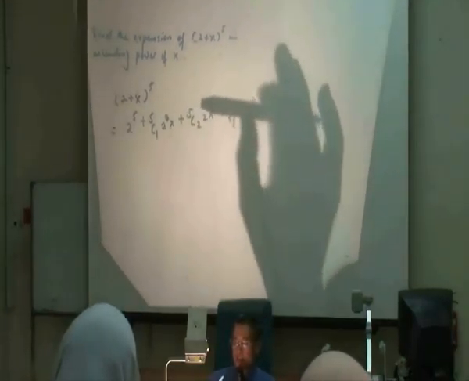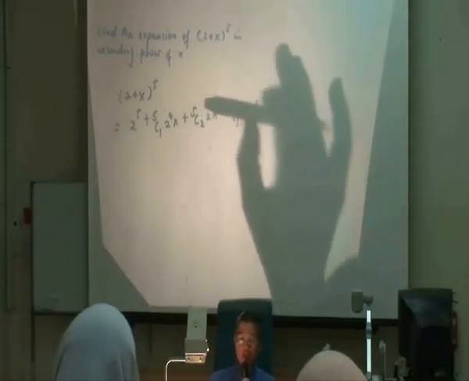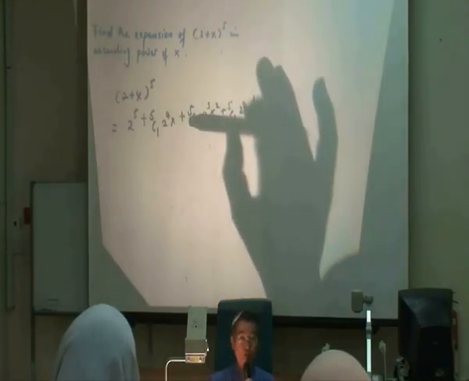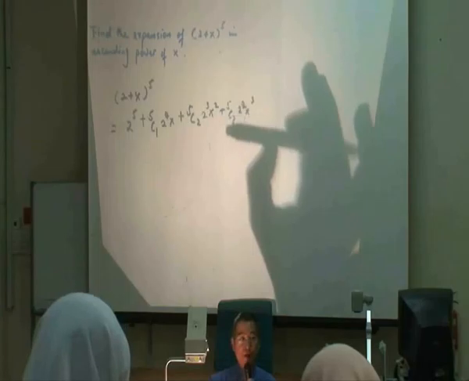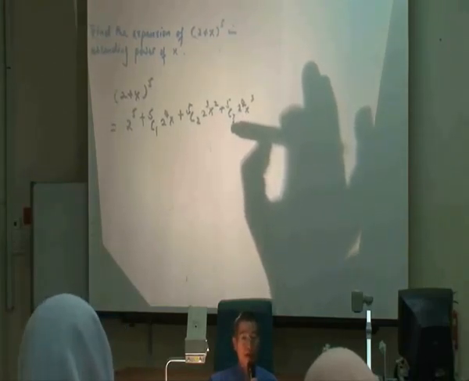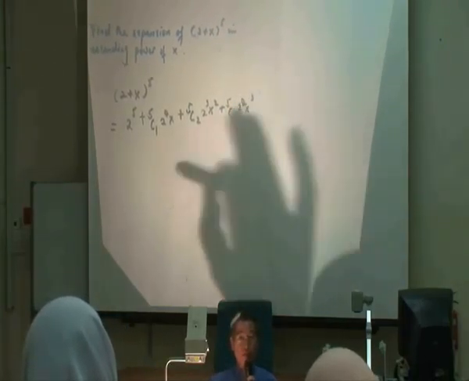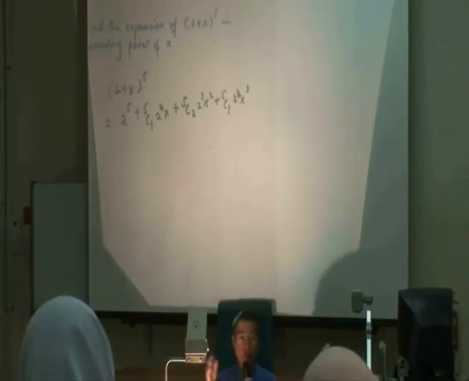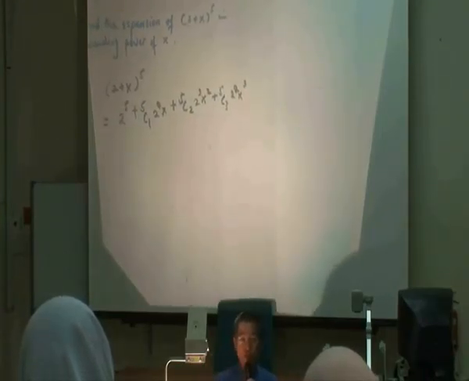So you notice when the powers interchange, alright? The coefficient will be the same, alright? The 5C2 and 5C3 are equal. Just now I proved to you the theorem, right? So there's a symmetry in the coefficients of the expansion, right?